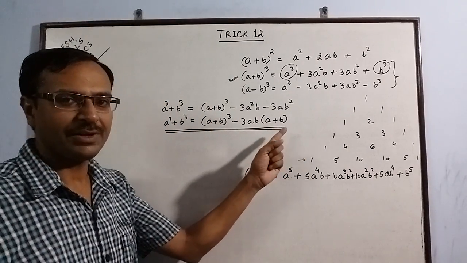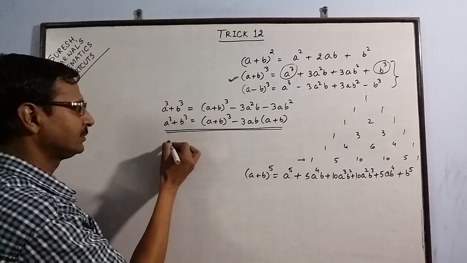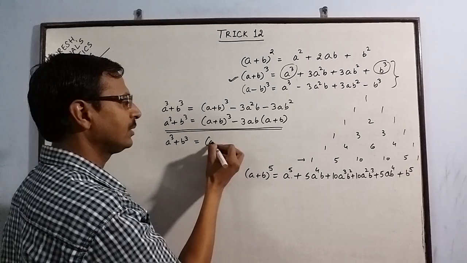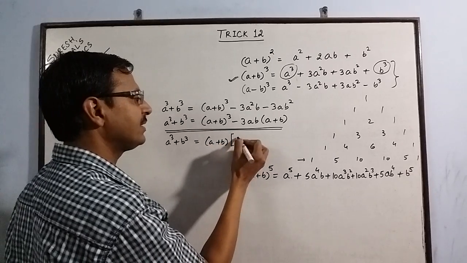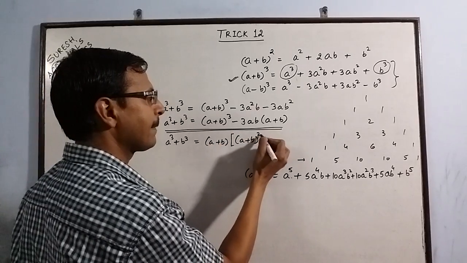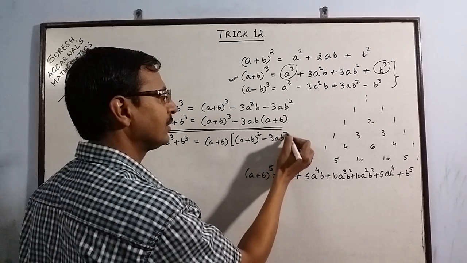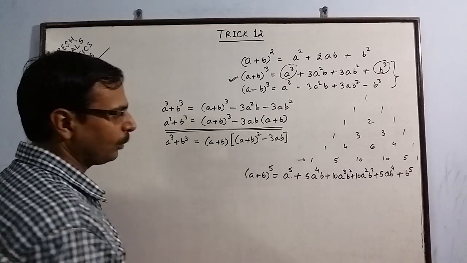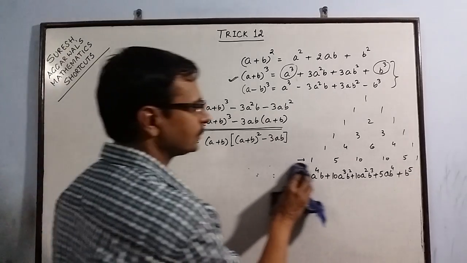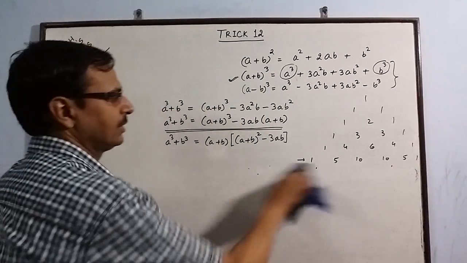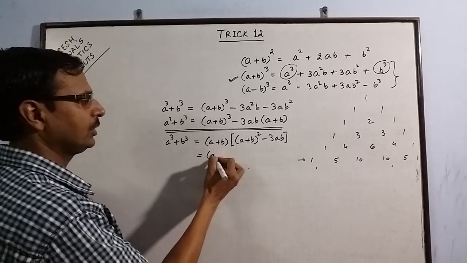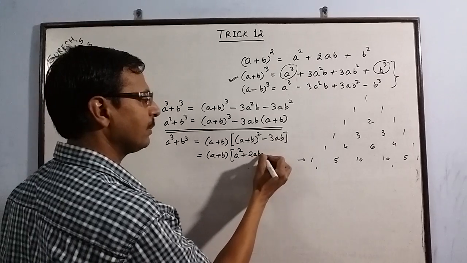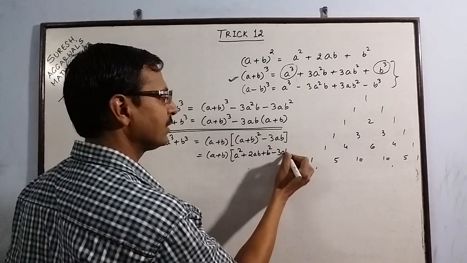From this we can arrive at one more result, a cube plus b cube. You can take (a + b) common. What we are left with is (a + b) whole square minus 3ab. And when you open this whole square, a square plus 2ab plus b square minus 3ab.